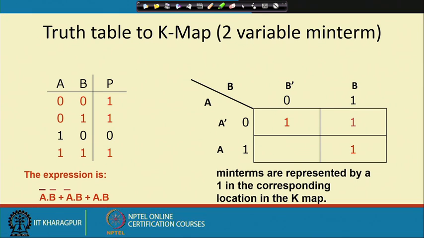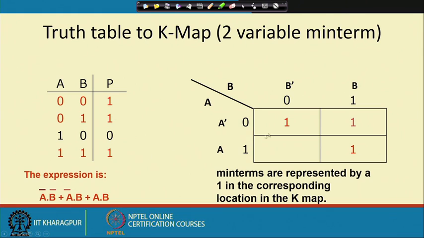Now, how the truth table gets represented in the form of a Karnaugh map. For 2 variables, suppose this is the function. A B 0 0, 0 1, 1 0 and 1 1. For 0 0, 0 1 and 1 1, the value of the function is 1, otherwise it is 0. In the Karnaugh map, we represent the min terms by putting a 1 at the corresponding location of the Karnaugh map.